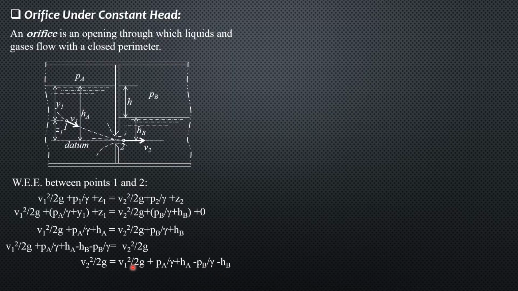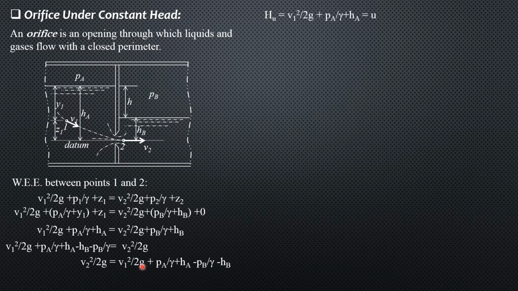So we take note that this velocity head at 1, pressure head at A plus H_A, is the upstream head, the energy at the left side, while the quantity pressure head at B plus H_B is the downstream head.